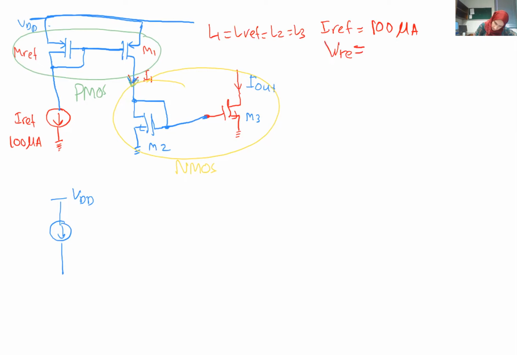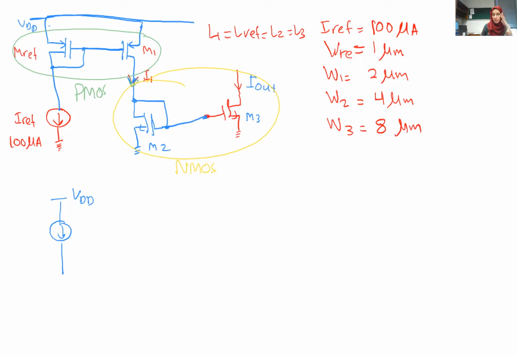So WREF, assume it's 1 micrometer, and W1 equals 2 micrometers, W2, this one, and W3 equals, let's make it 8 micrometers, just randomly, any numbers.